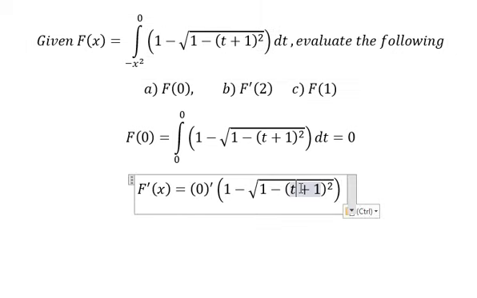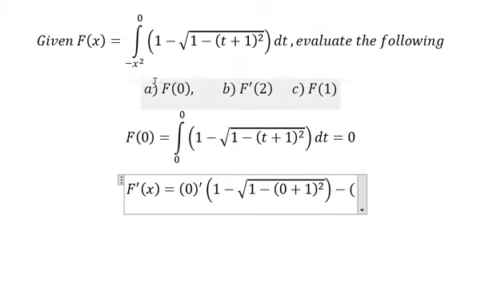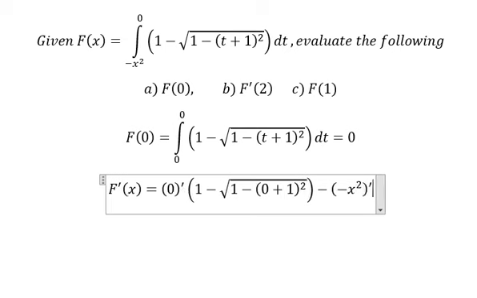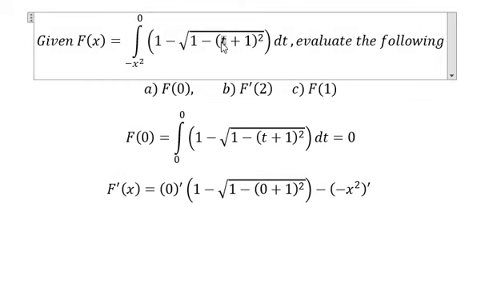So I will put number 0 in here minus, because this is in the bottom, we do the first derivative of negative s square. Then that negative s square will replace t inside the function in here.